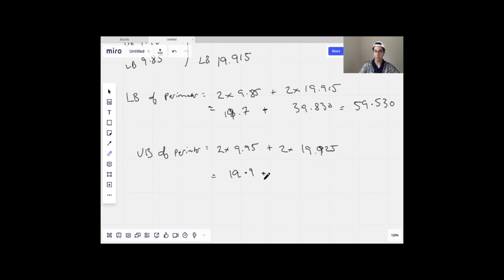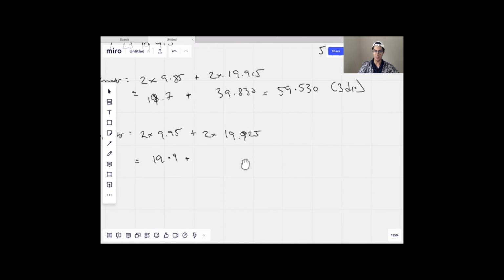And then I'm going to do cross multiplication again for this. 19.925 times 2. Look at the times sign, 5 times 2, 10, 0. So we carry the 1. 2 times 2 is 4, plus 1, 5. 2 times 9, 18.